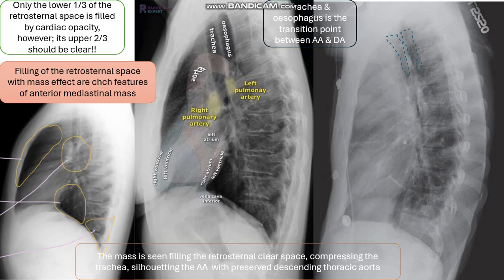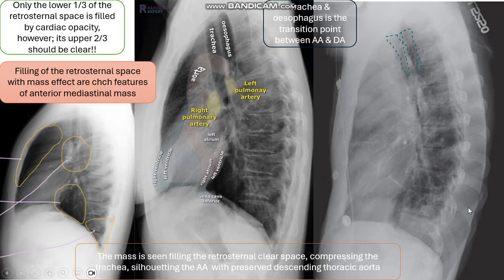Okay, the hilar, this is the right pulmonary artery. The hilar structures, to be obscured, need a mass here in the middle mediastinal structure.